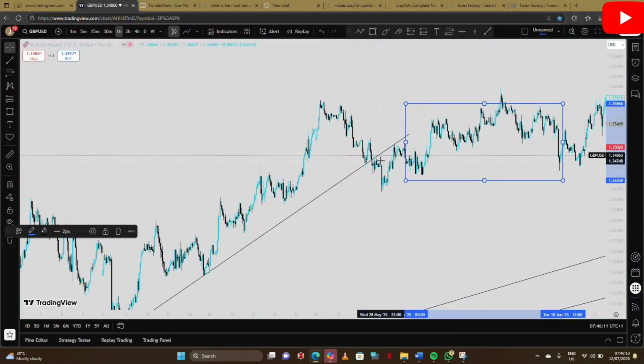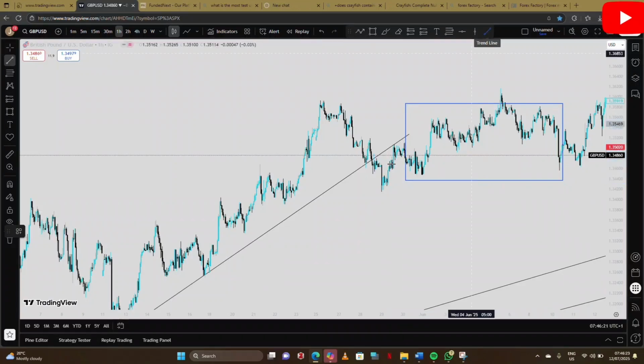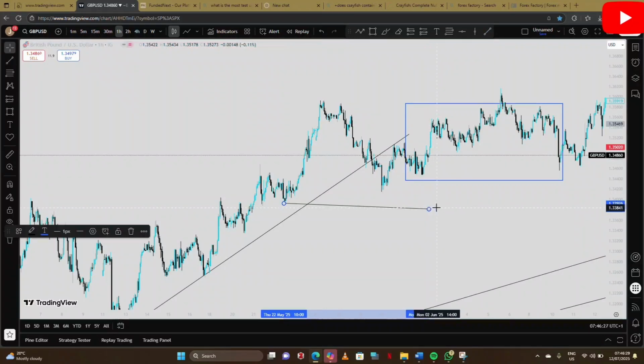So the market was actually at this point, and we are expecting a bounce here. The low that the market should break at the same time as the trend line should be this low. If the market is breaking a trend line, it should also break a low. If you break a trend line without a low, it is a fake out. Be very careful when using a trend line. It is a fake out.